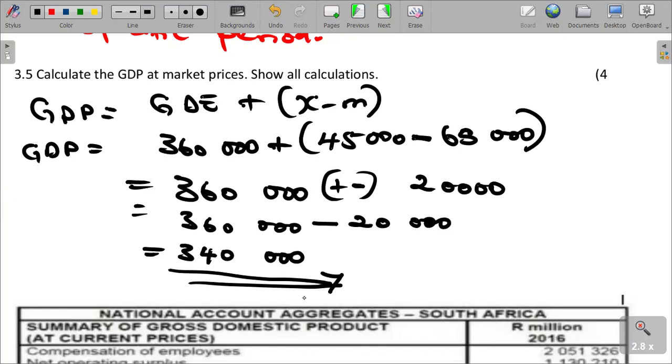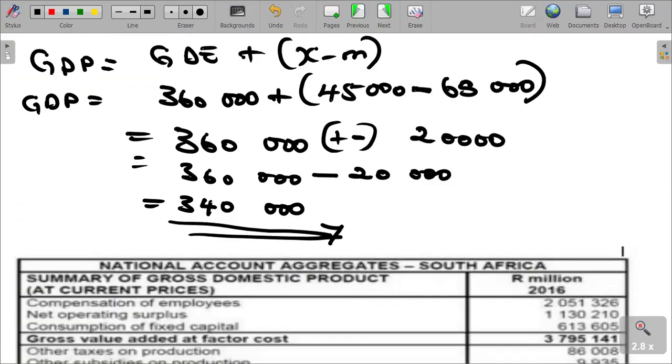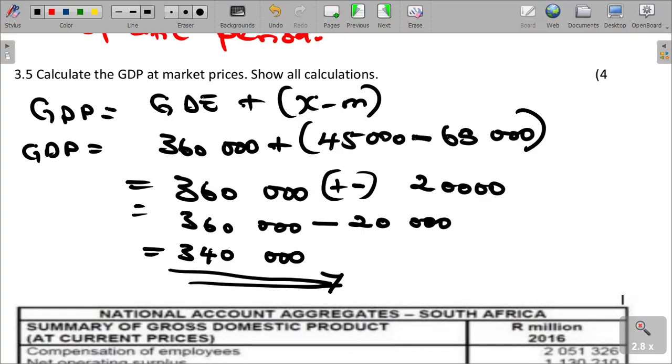That is our GDP. I'm sure you can see and agree with me that gross domestic expenditure plus exports minus imports gives us these values that I've given you, so that we are able to follow and make sense of them.